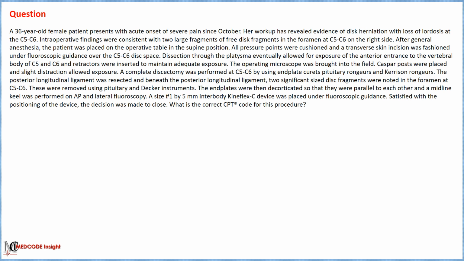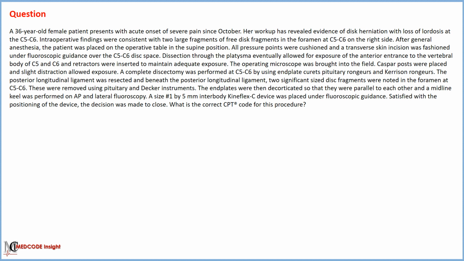All pressure points were cushioned and a transverse skin incision was fashioned under fluoroscopic guidance over the C5 to C6 disc space. Dissection through the platysma eventually allowed for exposure of the anterior annulus to the vertebral body of C5 and C6, and a retractor was inserted to maintain adequate exposure.